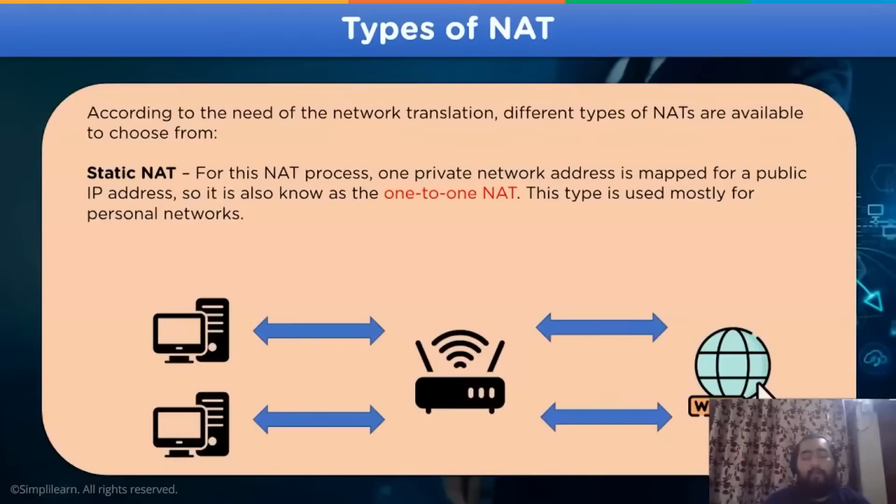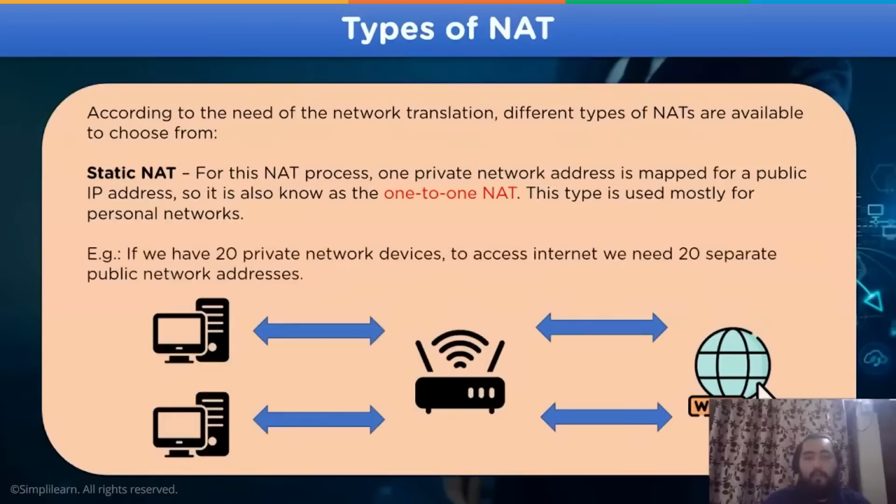That means if you have two devices in your private network, you'll have two different public IP addresses, one for each of the IP addresses in your private network. Due to this property, static NAT is also known as one-to-one NAT and is mostly used for personal addresses.